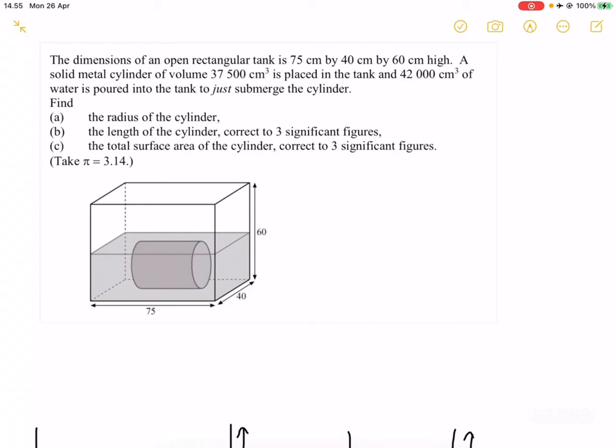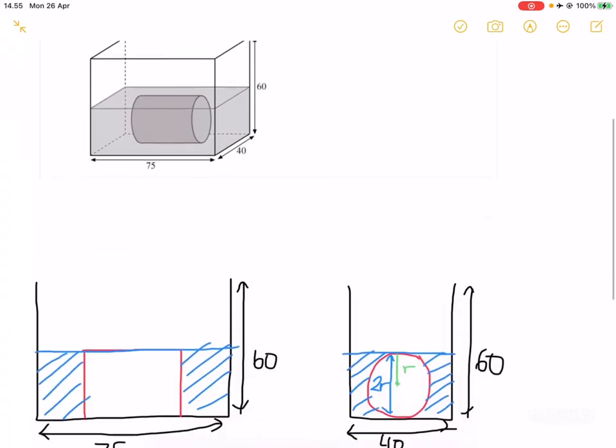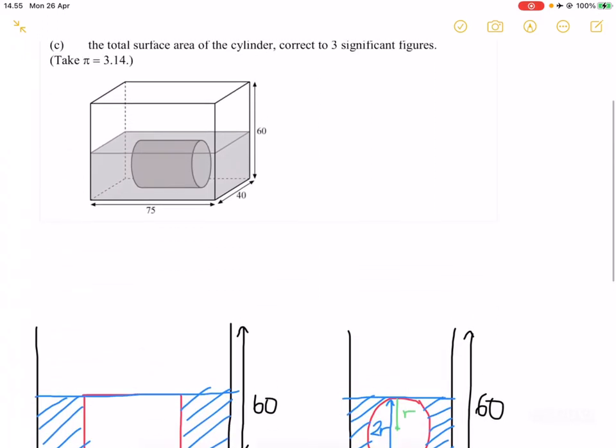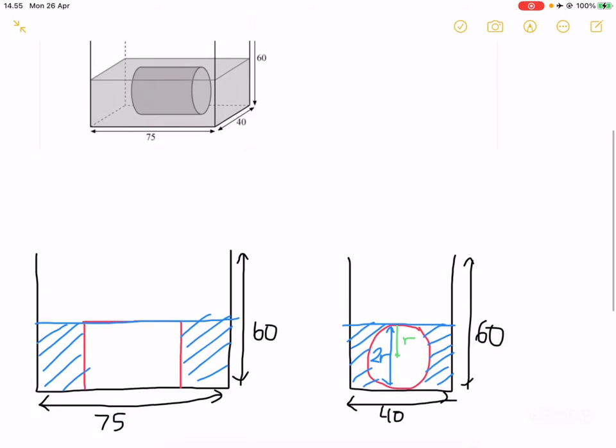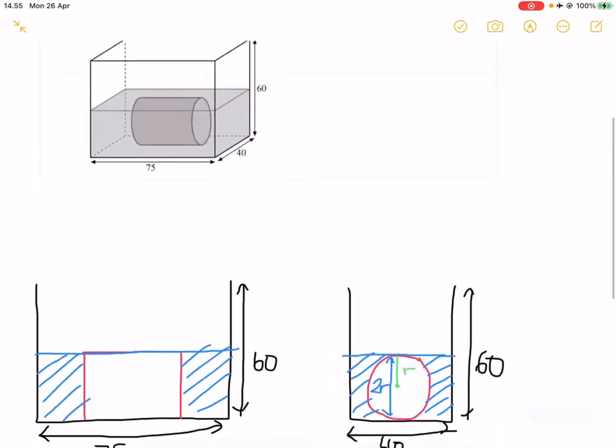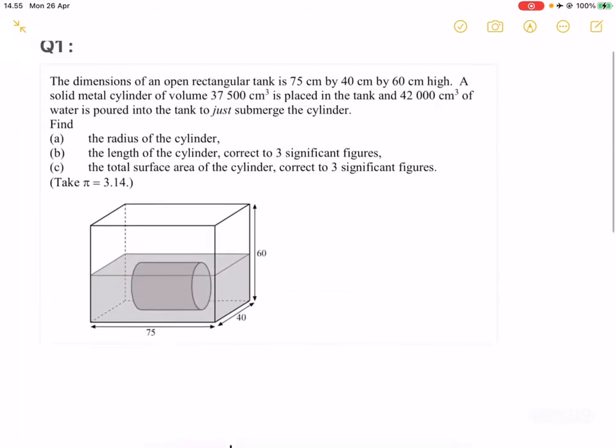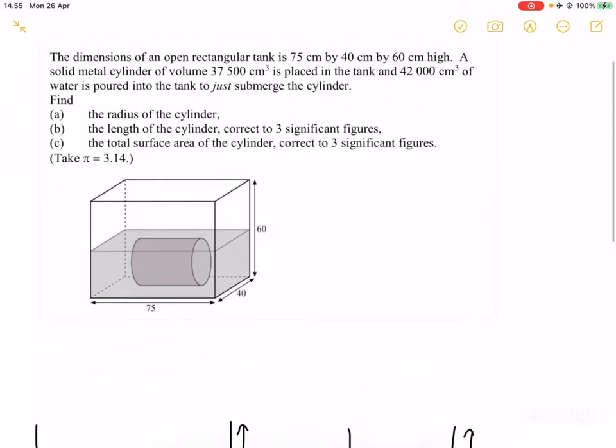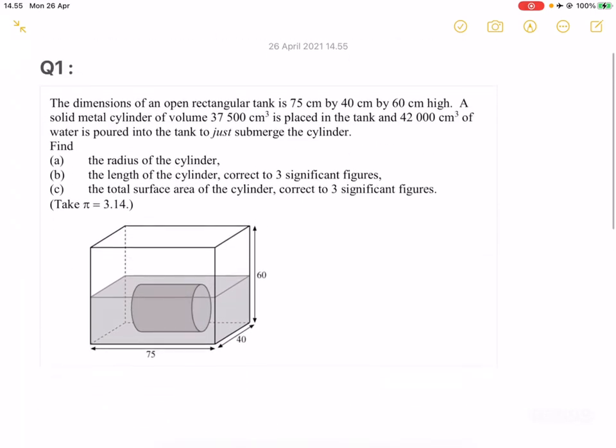Now notice that the volume of both the metal cylinder and the water forms a cuboid with dimensions 75 centimeters times 40 centimeters times the height of the water, which will be 2r.